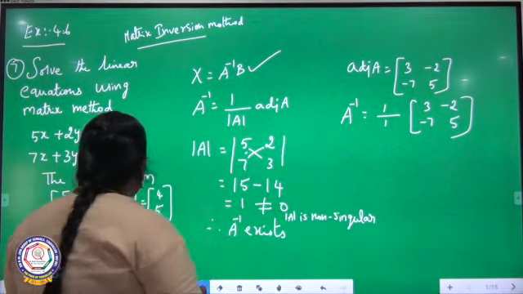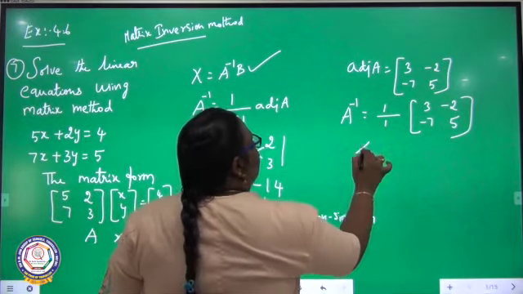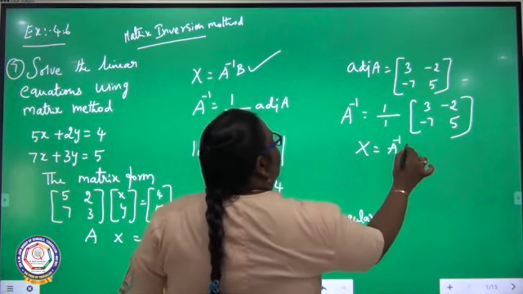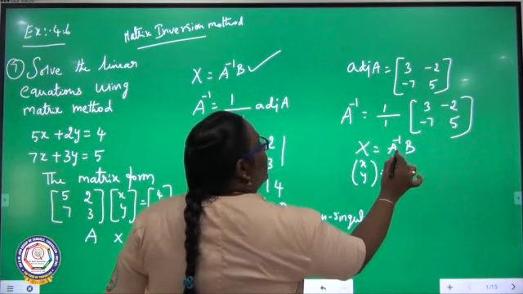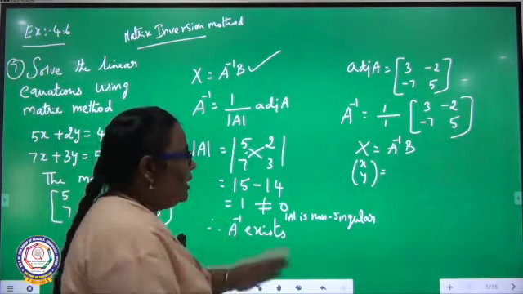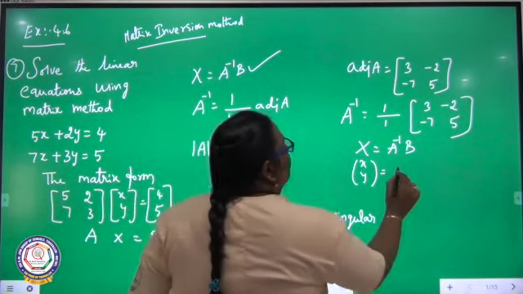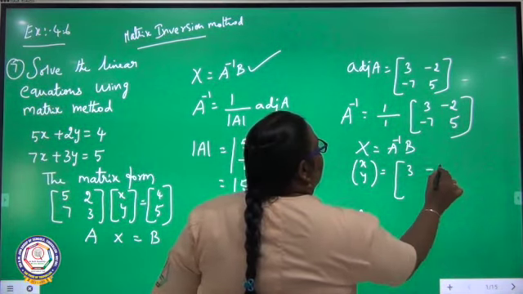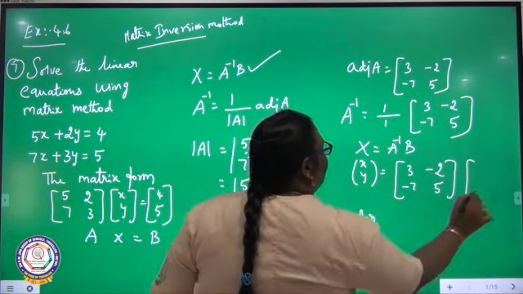See here, what is x? X equals x comma y. X equals A inverse B. So x, y equals 1 by 5, you can multiply 1 to the matrix, you can get the same value only. So 3, minus 2, minus 7, 5. What is the value of B?